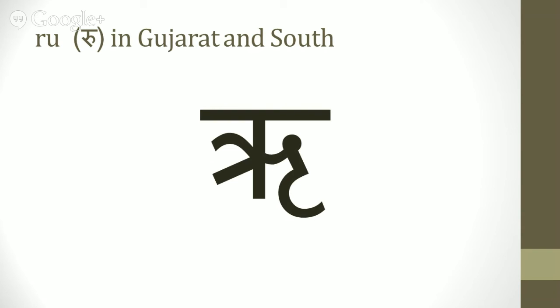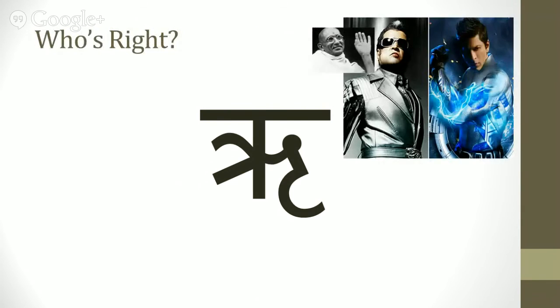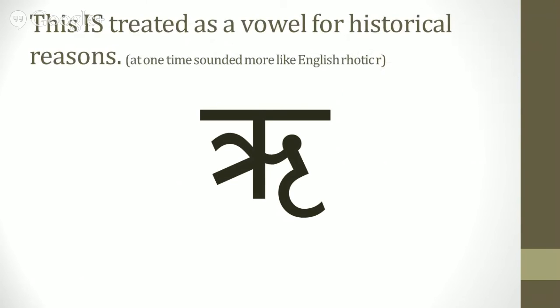Because this is a Sanskrit symbol. It's only found in Sanskrit words. And so in the north they say Ri, in the south they say Ru. So who's right? No one's right. This is an actual historical consonant. In ancient times, this sounded more like an English sound, so it actually sounded like neither.